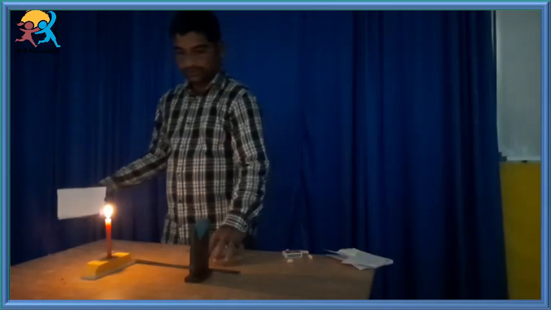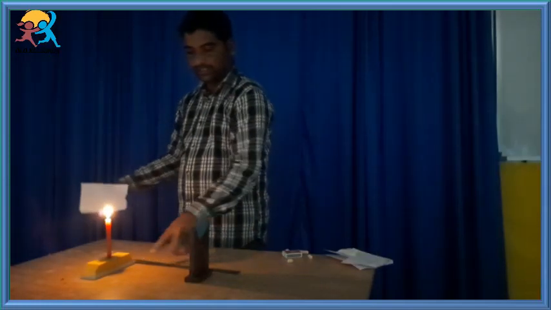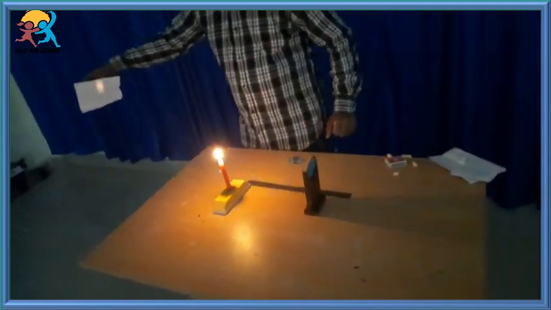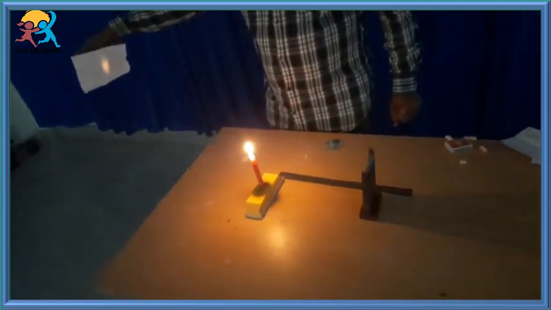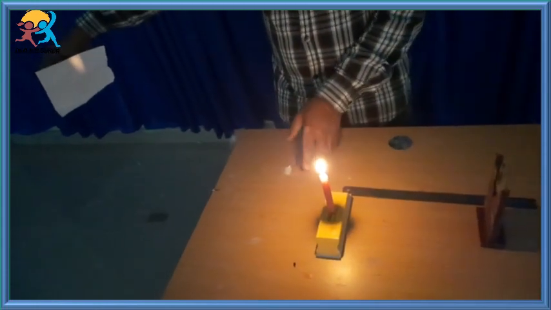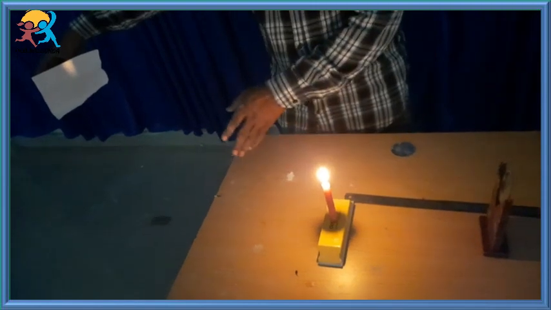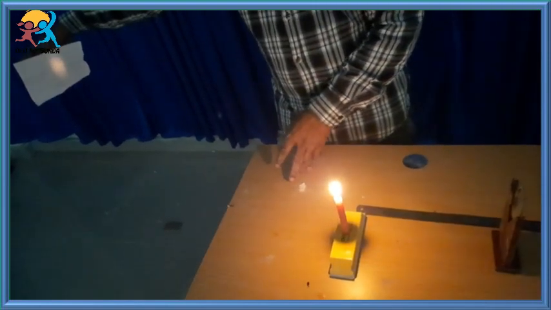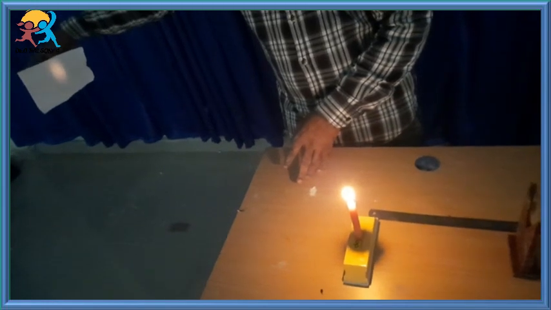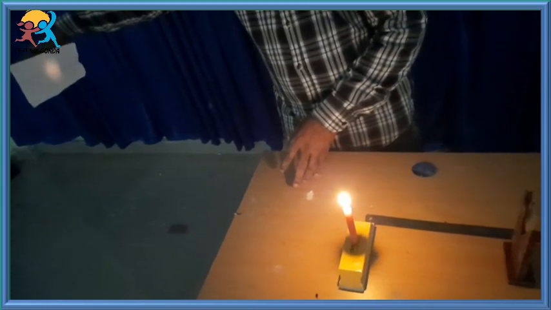Now I have changed the distance of the object. The image of this object is now behind the center of curvature, and we get a large, enlarged image.